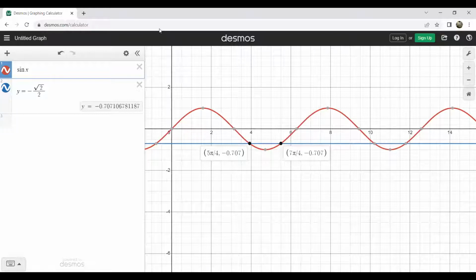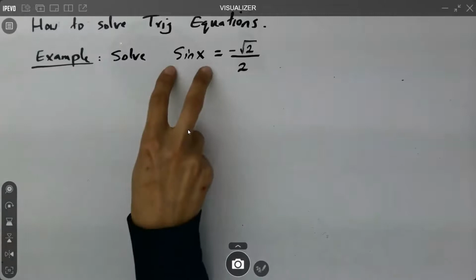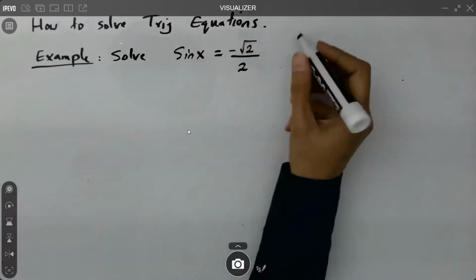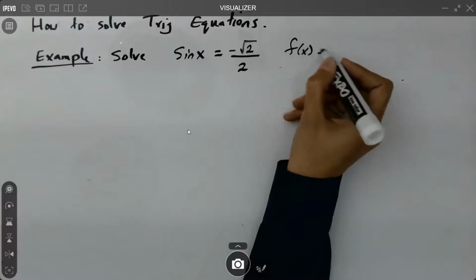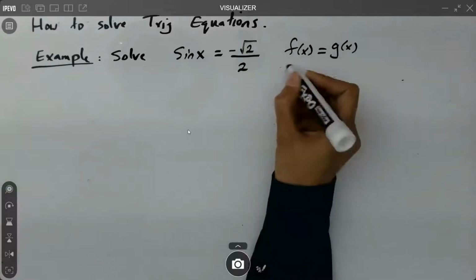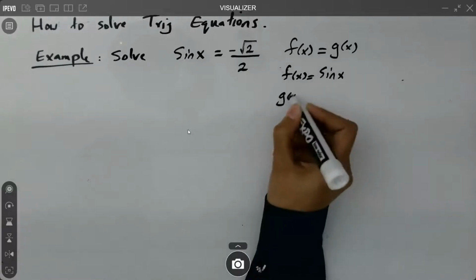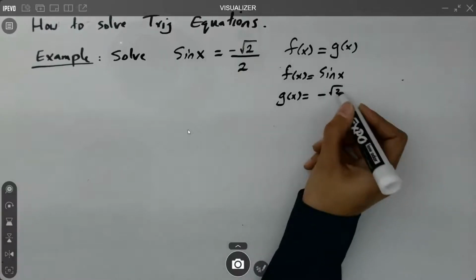So let us go back to the board. This is my y value, and this is my y value. I'm setting these two functions equal to each other: f of x equals g of x. My f of x is a trig function. My g of x is a constant function.